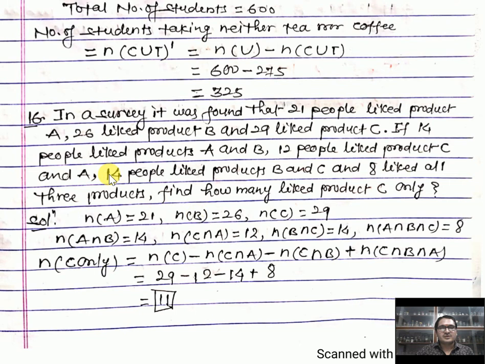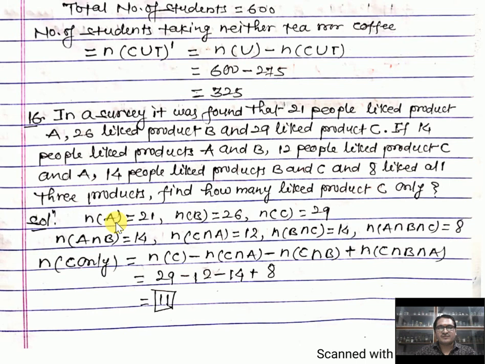Question 16. In a survey, it was found that 21 people liked product A, 26 liked product B, and 29 liked product C. If 14 people liked products A and B, 12 people liked products C and A, 14 people liked products B and C, and 8 liked all three products, find how many liked product C only.